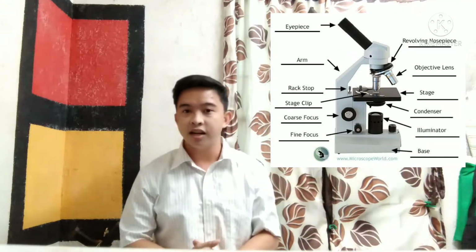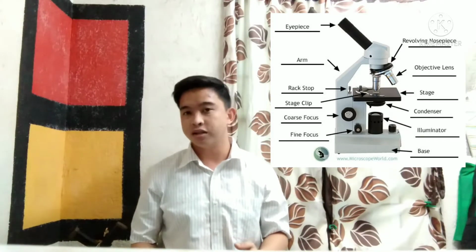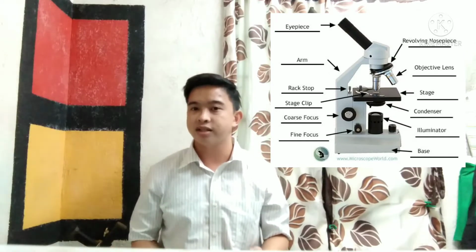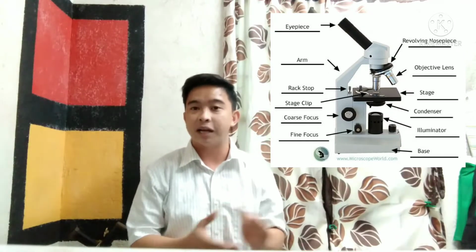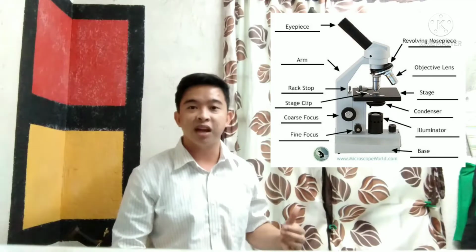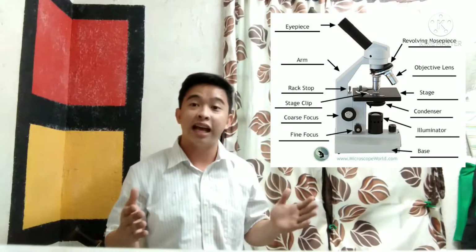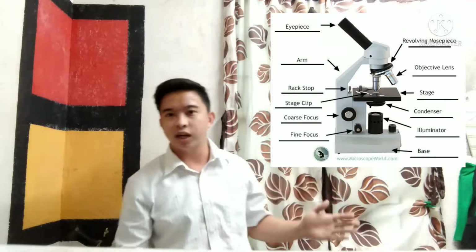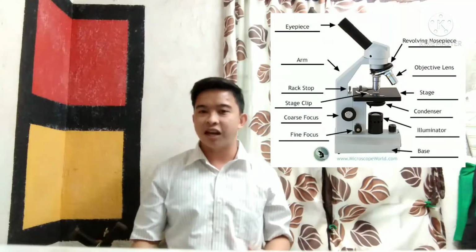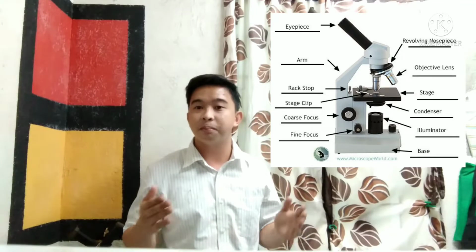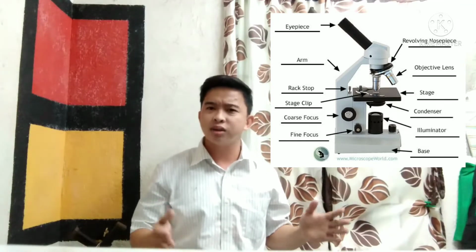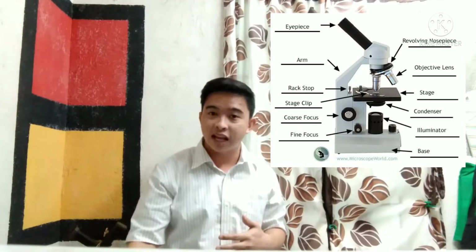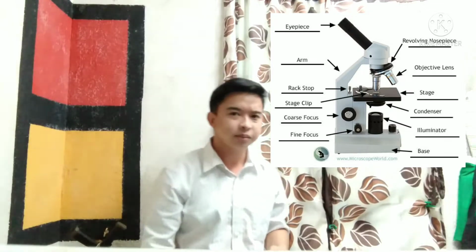Next is the condenser that serves to gather wave fronts from the microscope light source and concentrate them into a cone of light that illuminates the specimen with uniform intensity over the entire view field. The illuminator provides even, high-intensity light at the place of the field aperture so that light can travel through the condenser to the specimen.